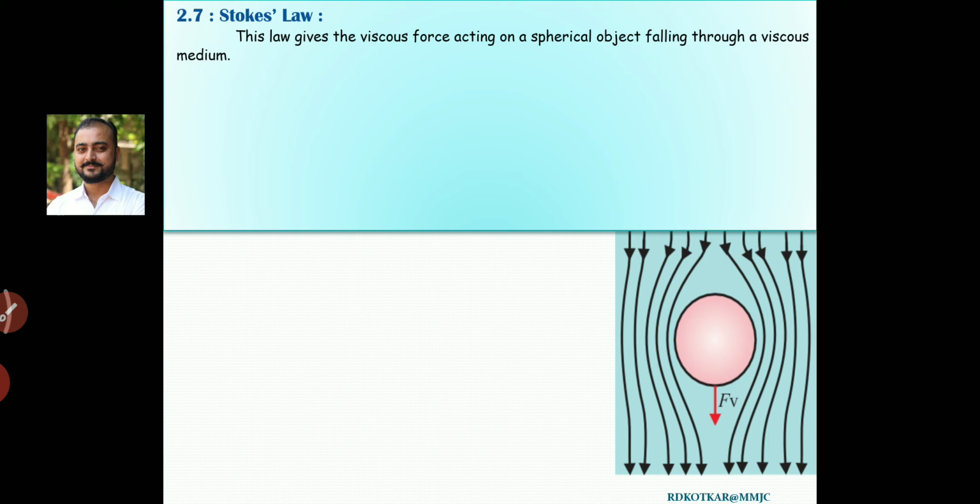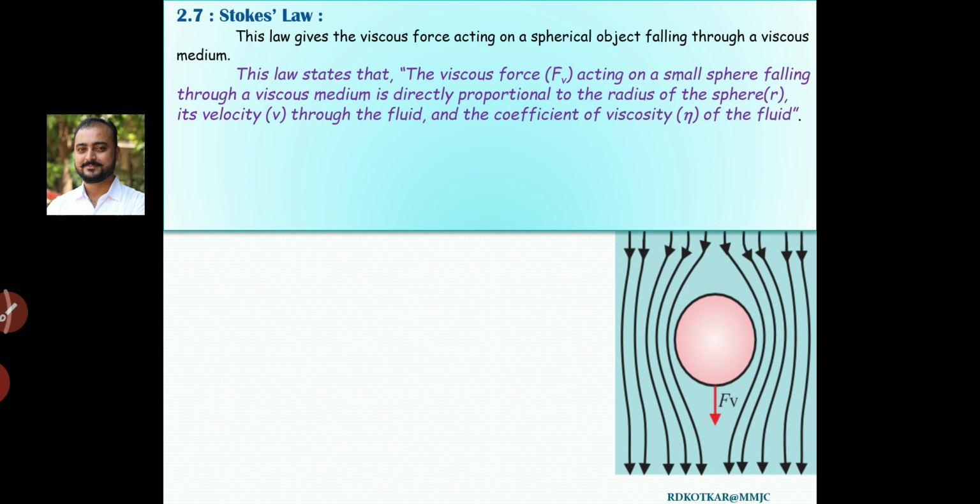This law states that the viscous force acting on a small sphere falling through a viscous medium is directly proportional to the radius of the sphere, its velocity through the fluid, and the coefficient of viscosity of the fluid.